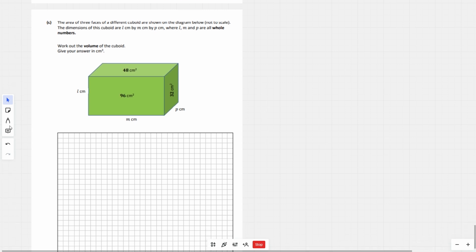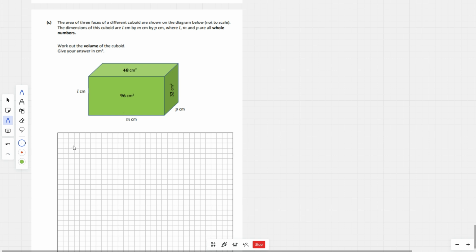Then to finish it off, we have part C. The areas of three faces of a different cuboid are shown in the diagram below, not to scale. The dimensions of this cuboid are L centimeters by M centimeters by P centimeters, where L, M, and P are all whole numbers. So this is an important part, all whole numbers. You have to work out the volume of the cuboid and give our answer in centimeters cubed. So first, let's write a few equations.